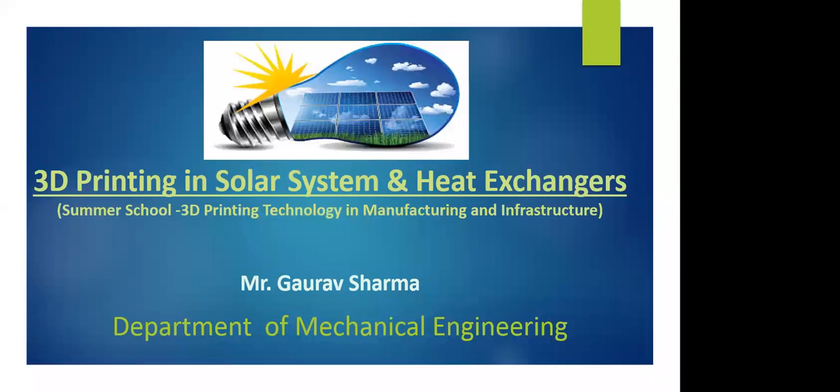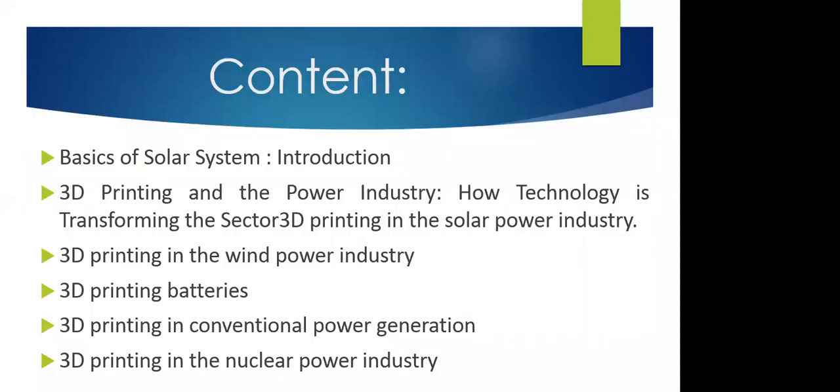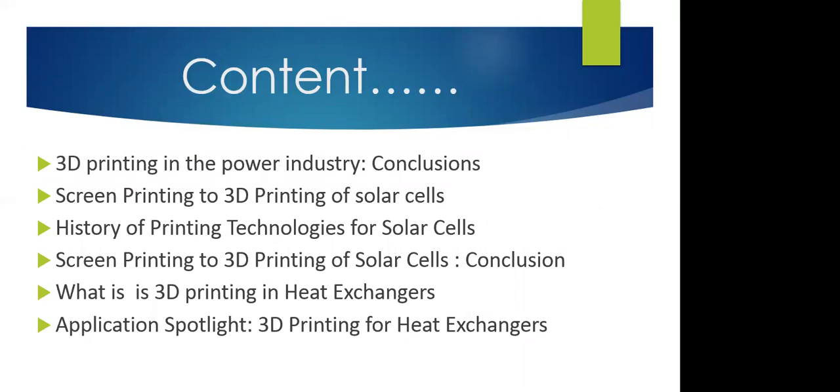Today's topic is 3D printing in solar system and heat exchanger. The contents are the basics of solar system and 3D printing in the power industry, and how technology is transforming the sector: 3D printing in the solar power industry, the wind power industry, 3D printing batteries, 3D printing in conventional power generation, and in the nuclear power industry.